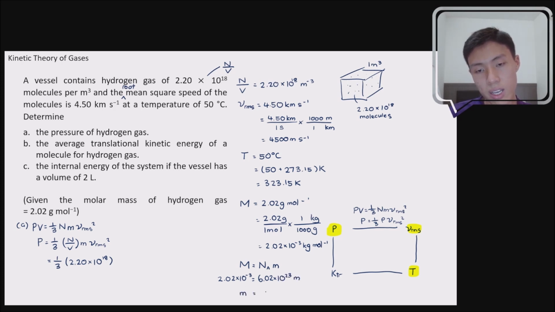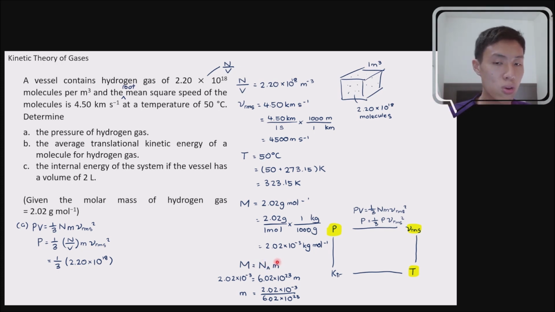So you can put it as a fraction, so it will be 2.02 times 10 to the power negative 3 divided by 6.02 times 10 to the power of 23. So this is the mass of one single molecule. Again, molar mass is defined as the mass of 1 mole of gas. So 1 mole of gas has how many molecules inside? It has Avogadro number of molecules inside.